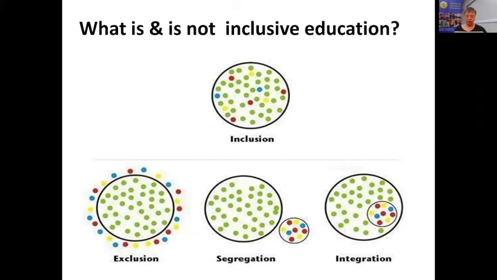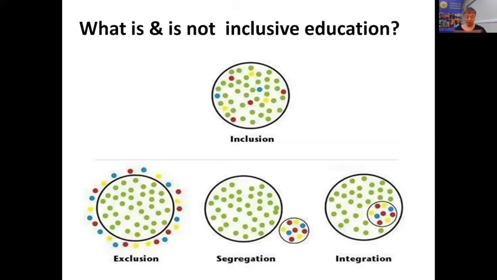Now I will explain what is meant by integration. Disabled pupils and students can be educated alongside their non-disabled peers as long as they adjust and fit into the standardized mainstream education settings. Some examples of integration taking place in mainstream education are as follows.